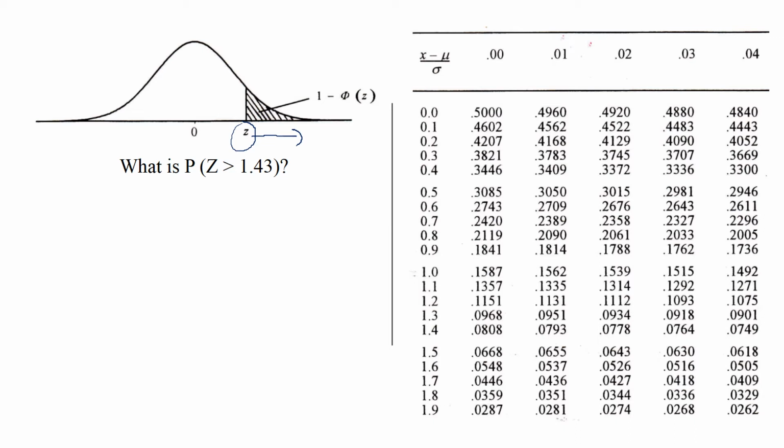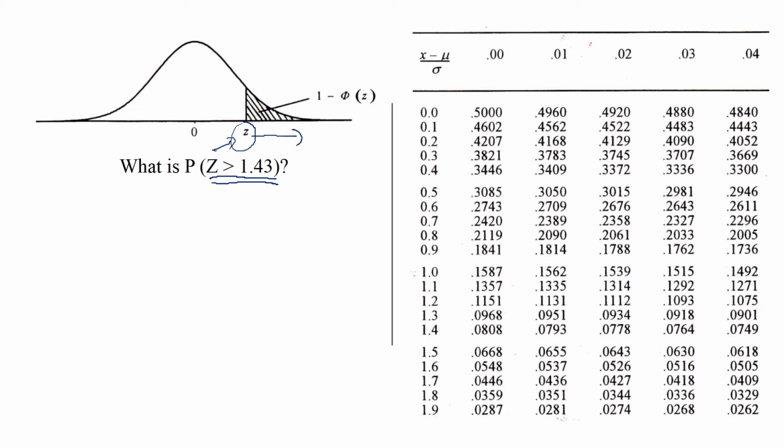Suppose that Z is a random variable with a standard normal distribution, and we want to know the probability that Z takes on a value more than 1.43.